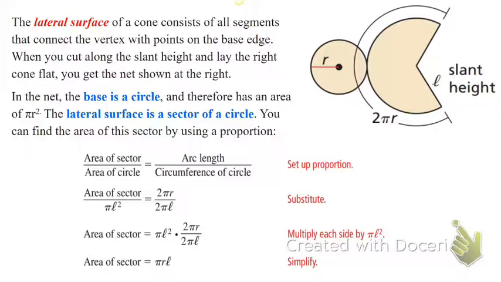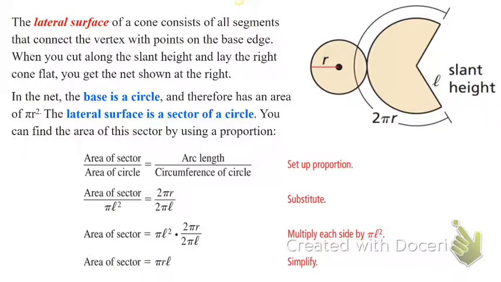And that's going to be equal to the arc length of the sector, which remember is 2 pi r, divided by the entire circumference of that circle that the lateral surface area is a sector of. So that would be 2 pi r over 2 pi L. That would be the circumference of the large circle that contains the lateral area.